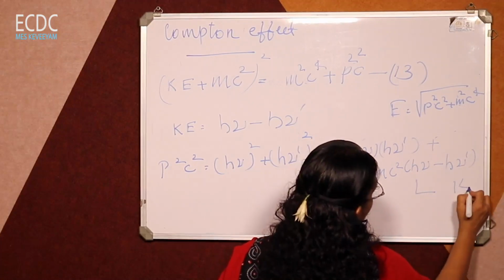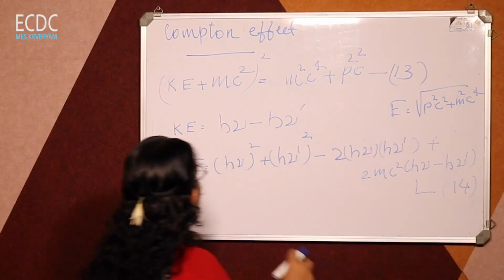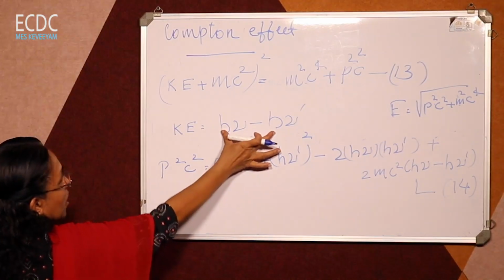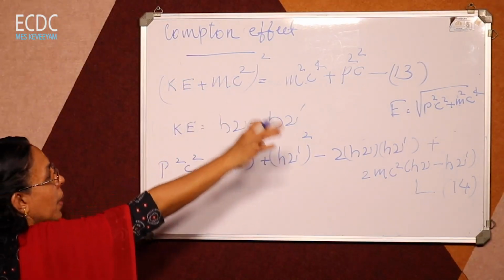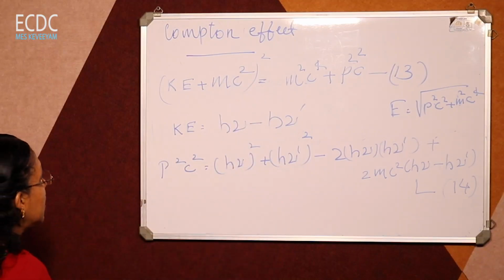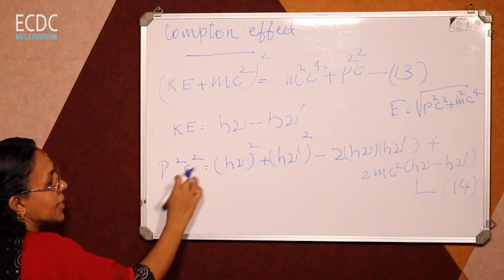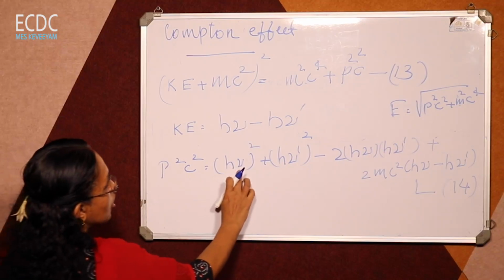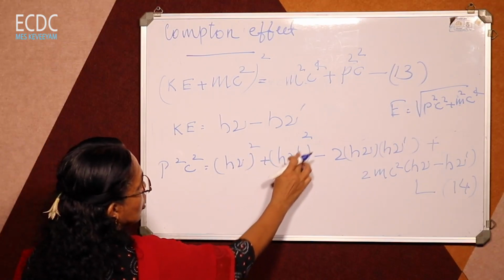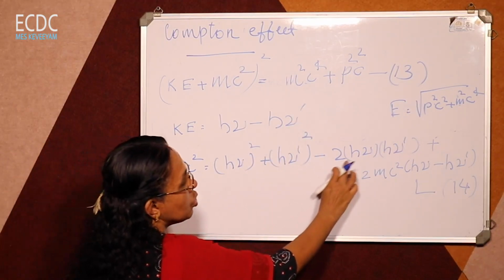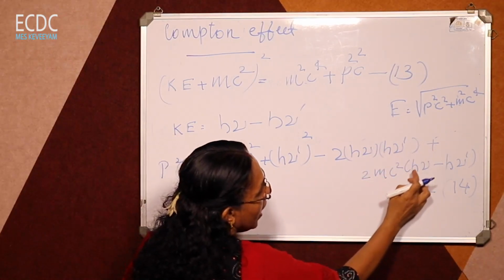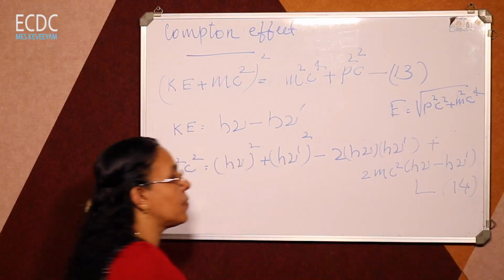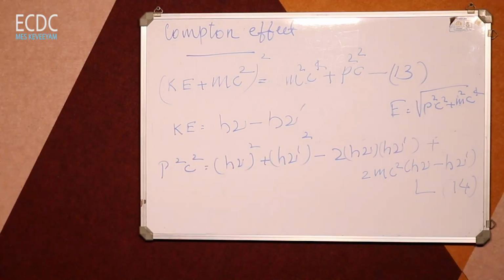So by rearranging equation 13 you will obtain p squared c squared equal to h nu squared plus h nu prime squared minus 2 h nu nu prime plus 2 mc squared times h nu minus h nu prime, which is equation 14.